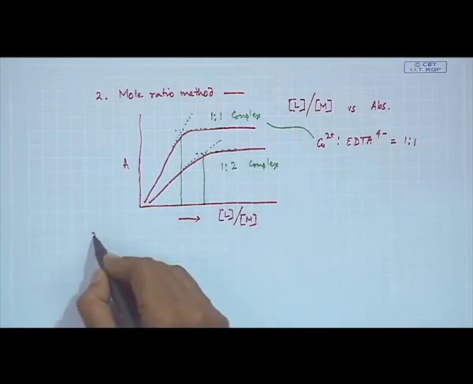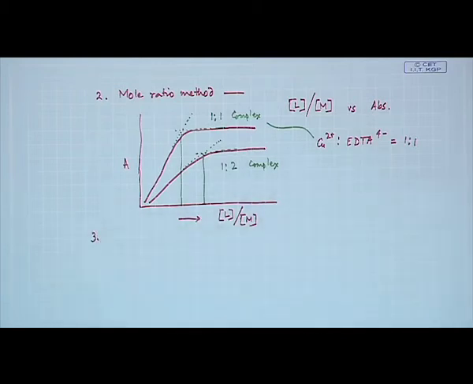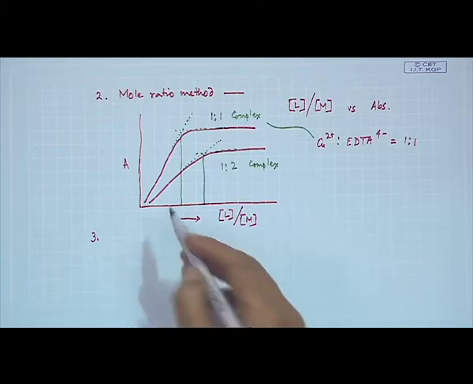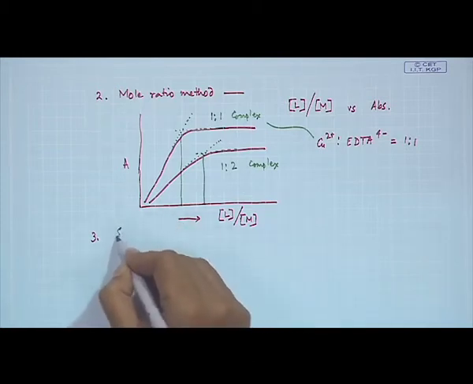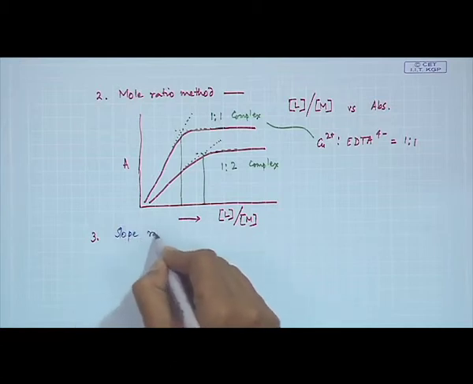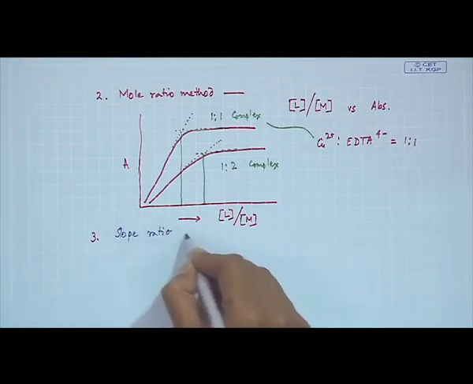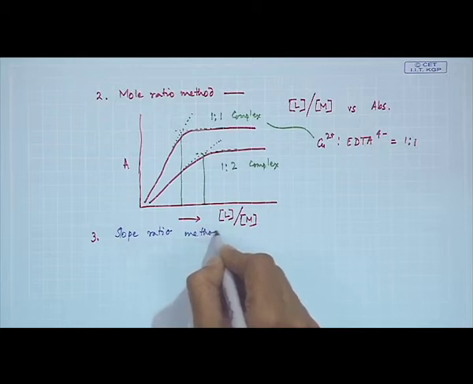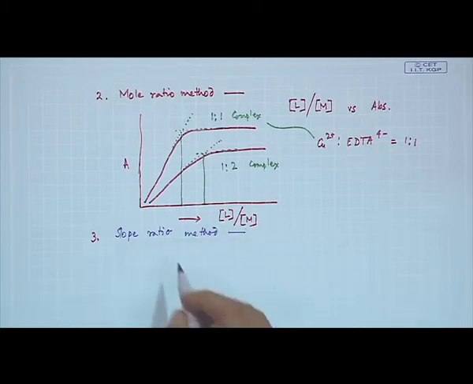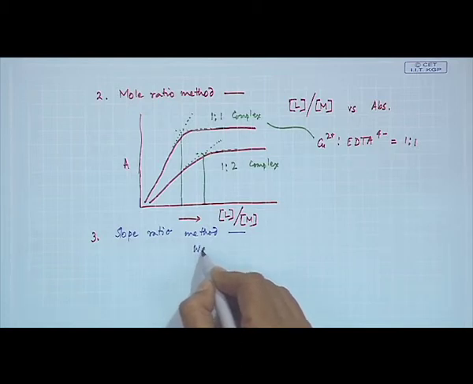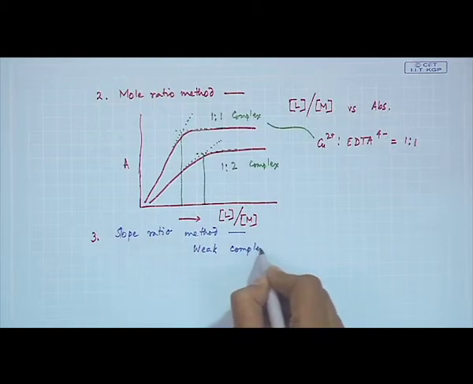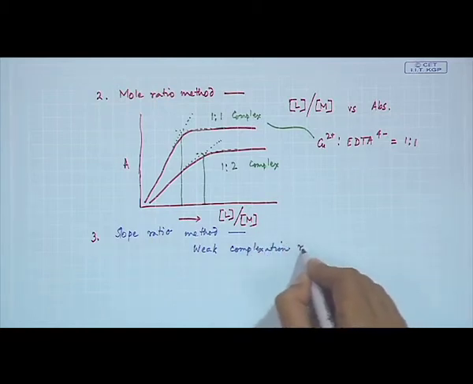And the third one is the slope ratio method, where we can handle weak complexation reactions.